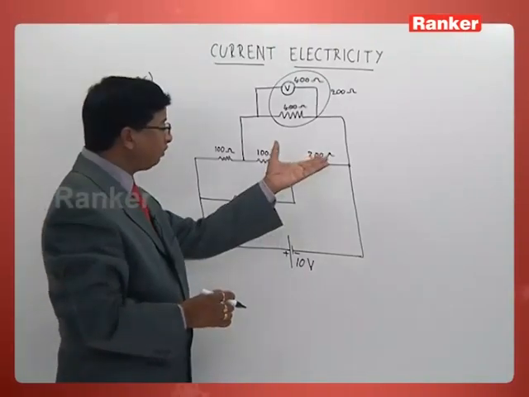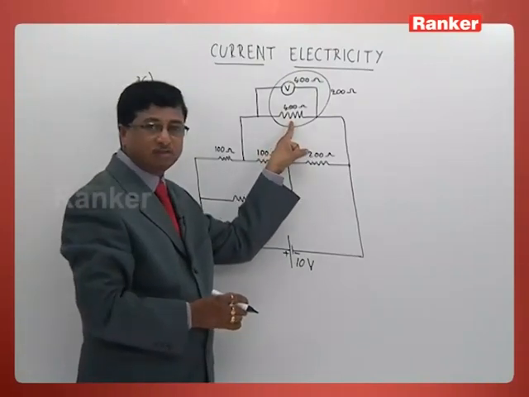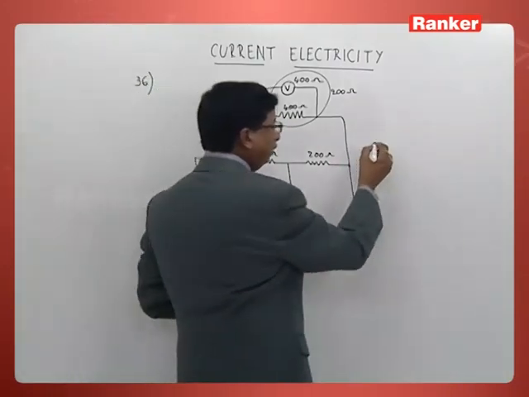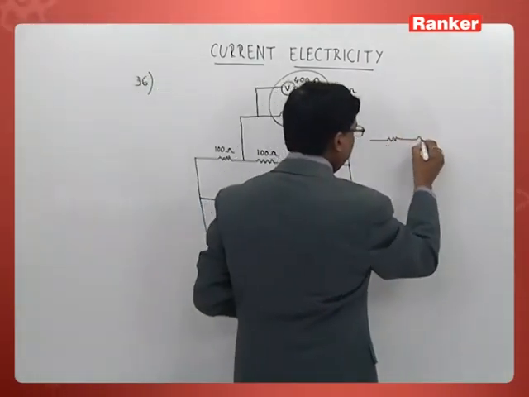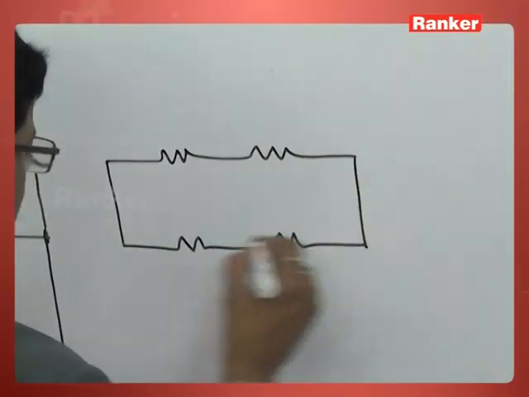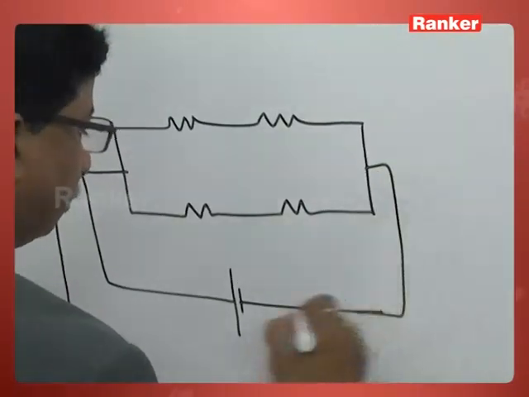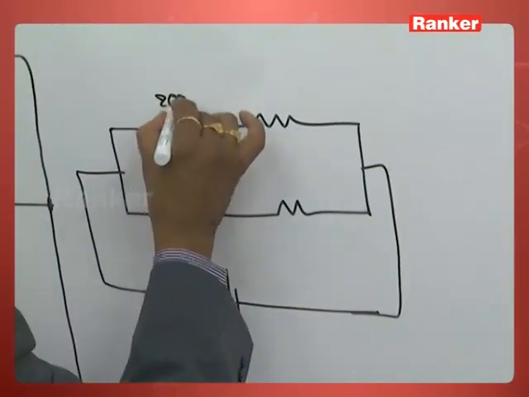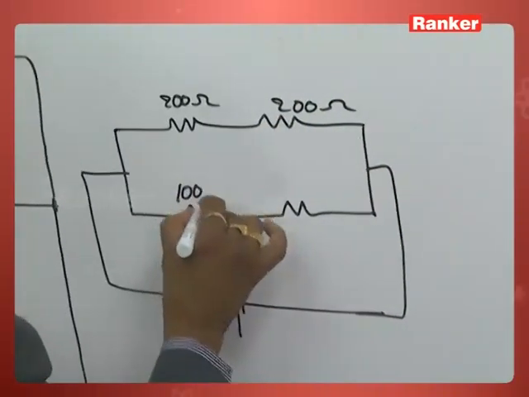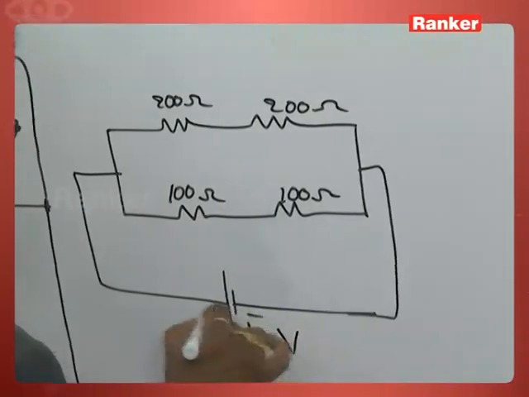What you should understand here is, what is the voltage across this? When you are talking about these two resistances, there is now 10 volt across. 200 ohm here, 200 ohm here, 100 ohm here, 100 ohm here. This is 10 volt.